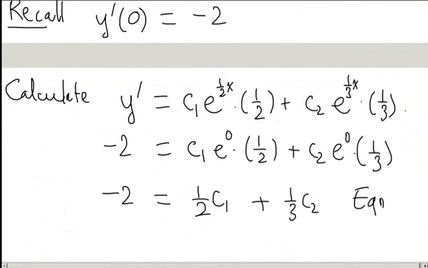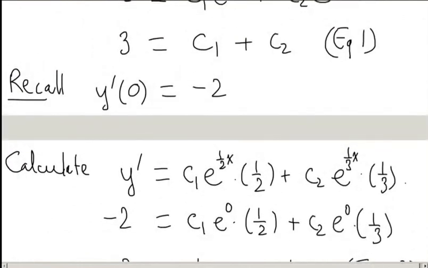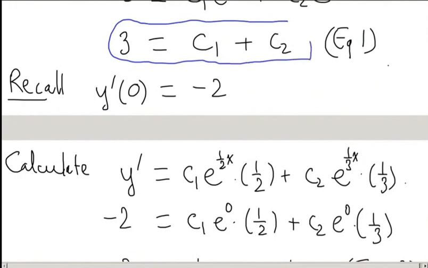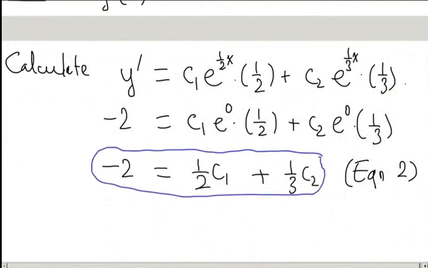This is our equation 2. We have two equations to solve for C1, C2, which means we have a system of equations here. That's what you learn from college algebra, system of equations. Now, how do we solve this system of equations?